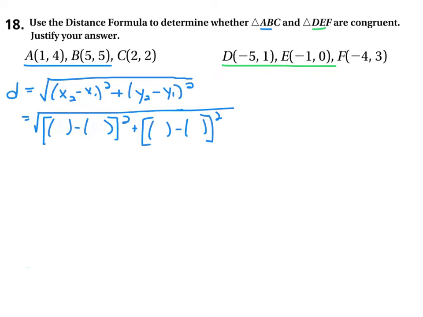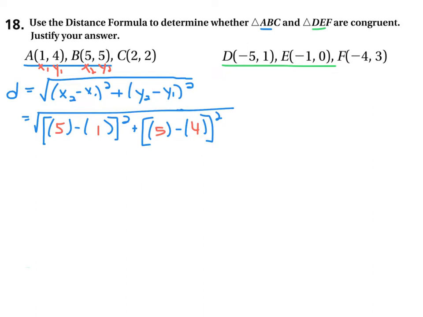I'm going to call A point number 1, so that's x1 and y1, and B is x2 and y2. So we've got x2, 5, minus x1, 1, and y2, 5, minus y1, 4.